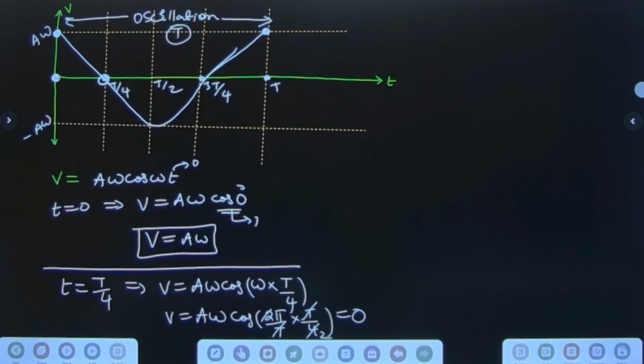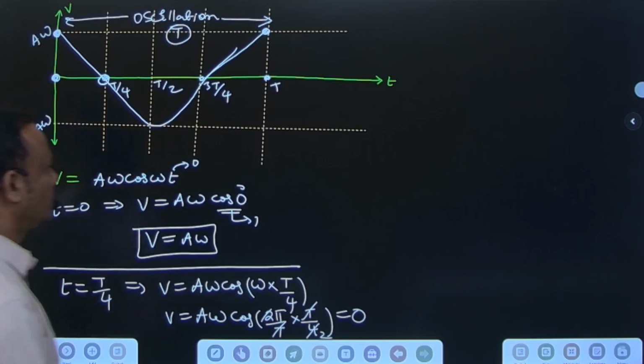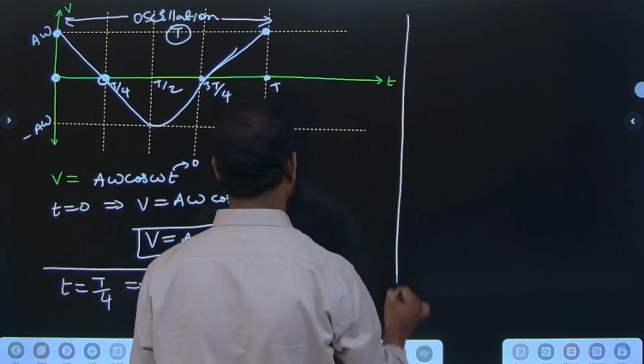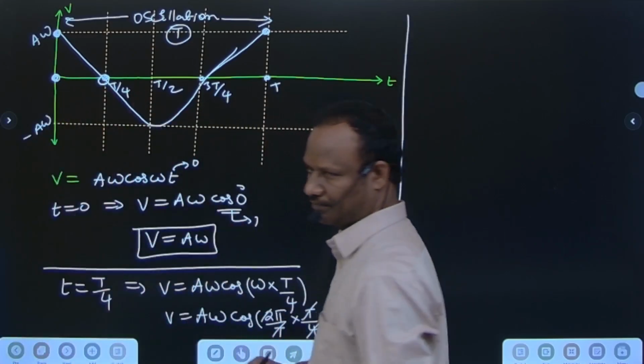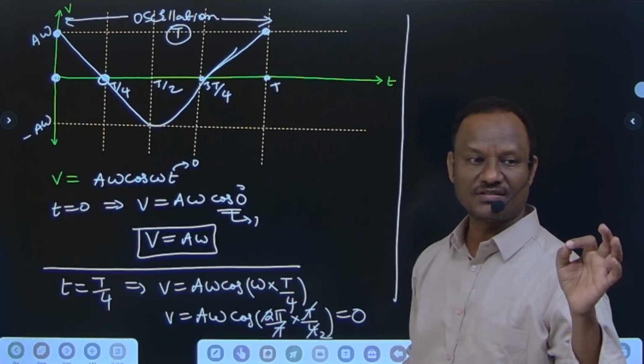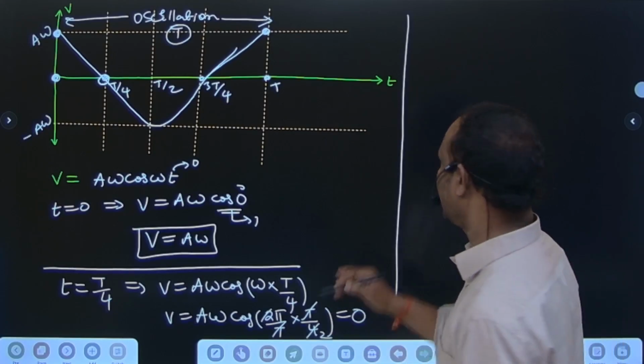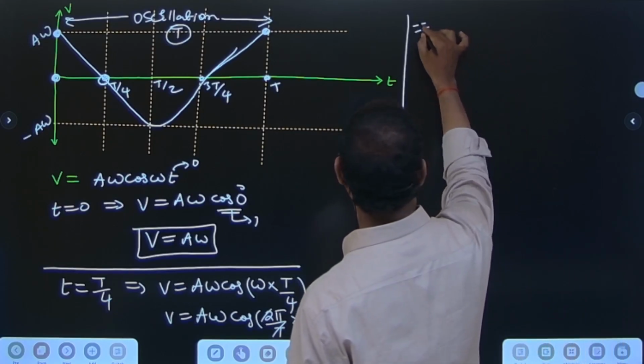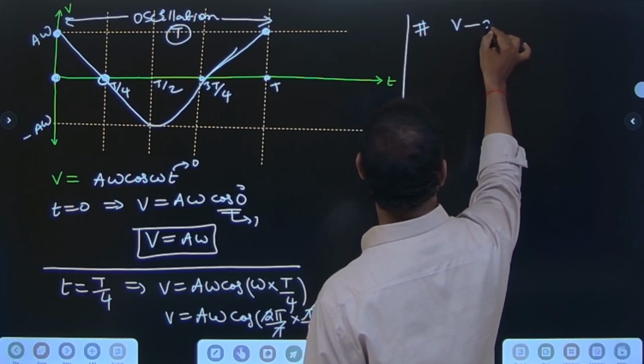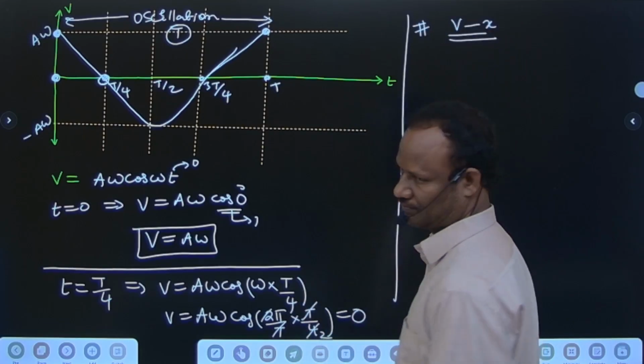This is just a graphical presentation of velocity versus time. Like this we can write it. And next one, I want to do velocity versus position graph.